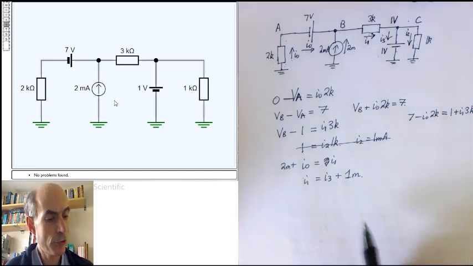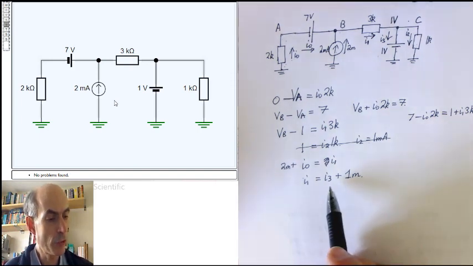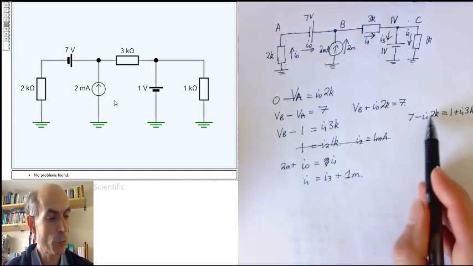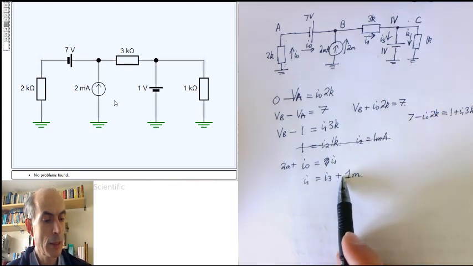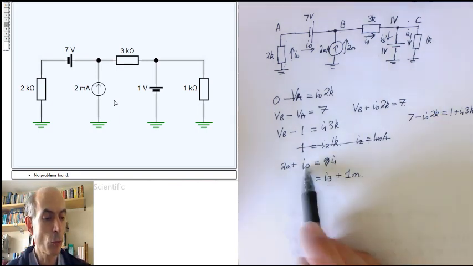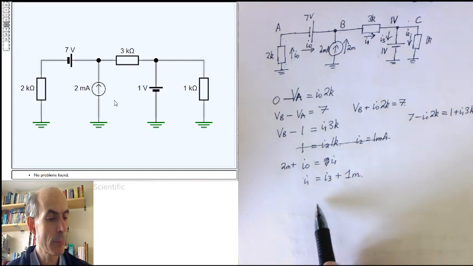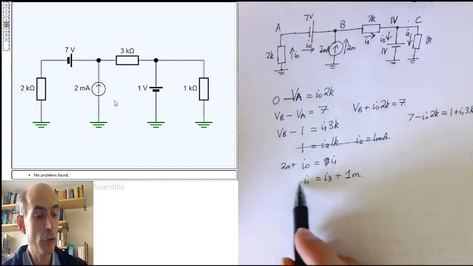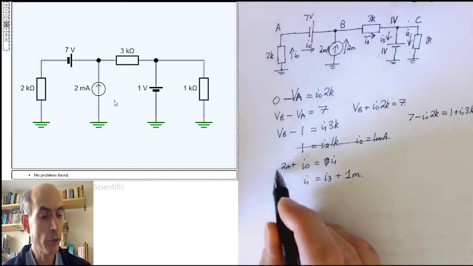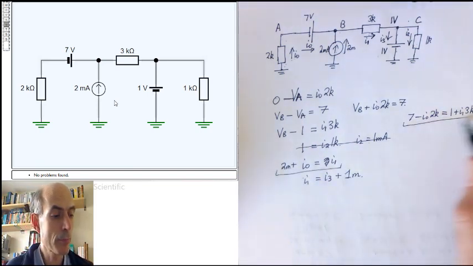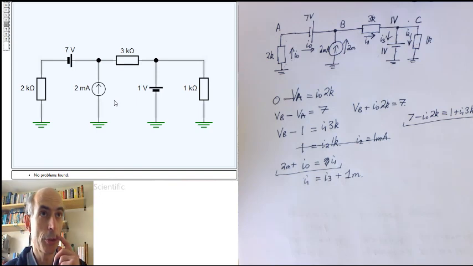And I've got a set of 3 equations now, in 3 unknowns, I0, I1, and I3. I3 only appears in this equation. So this equation and this equation are 2 simultaneous equations in 2 unknowns.